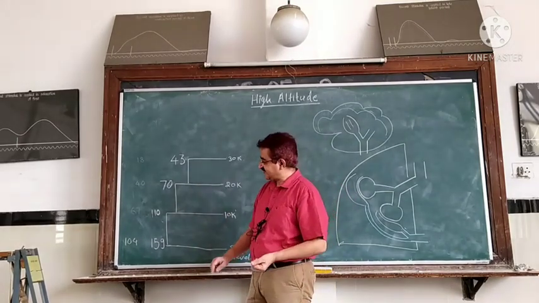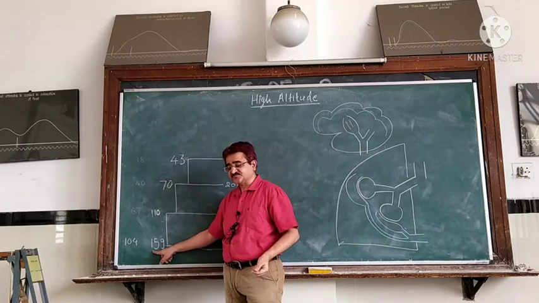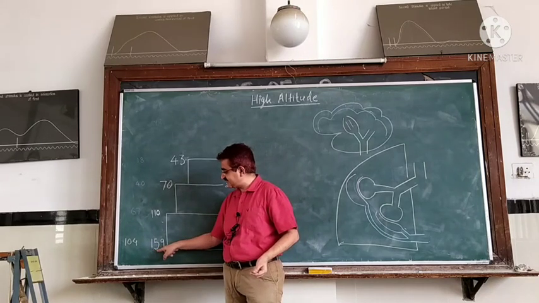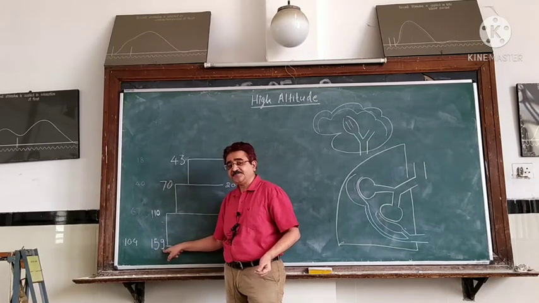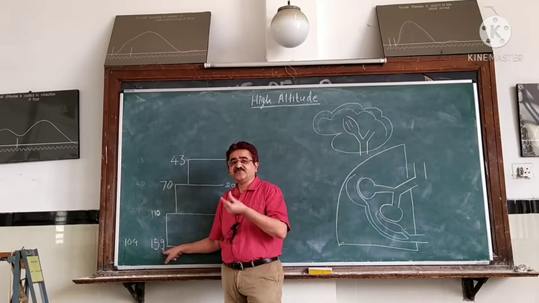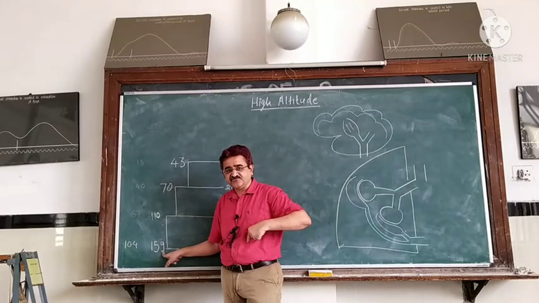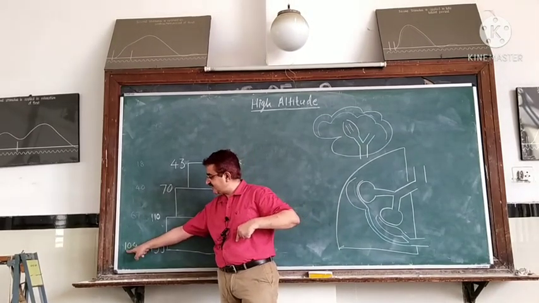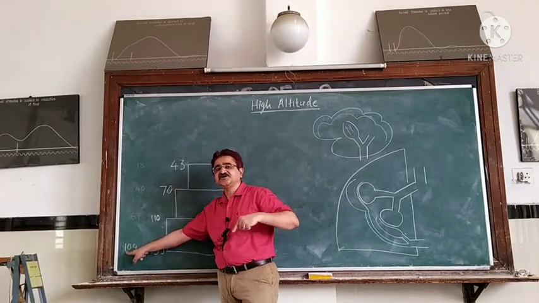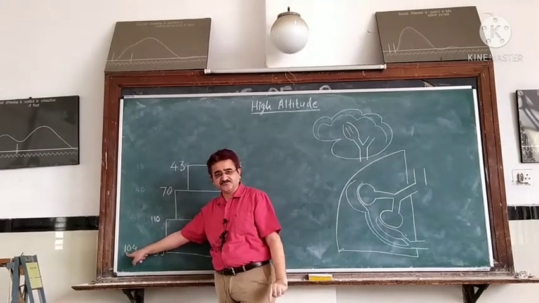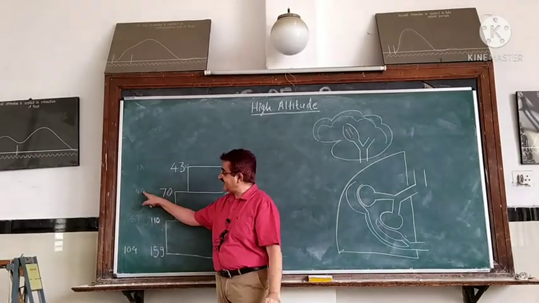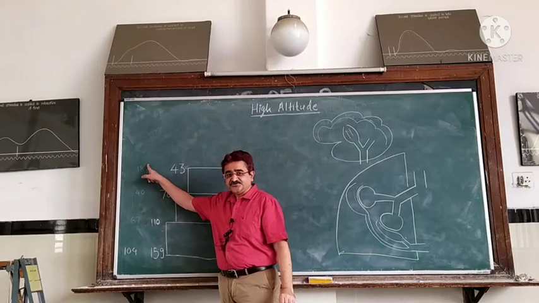Why? This is because, just recall our oxygen transport: at sea level, the partial pressure of O2 is 159 millimeter of mercury, but by the time the air reaches the alveolus, the partial pressure in the alveolus has fallen to 104 millimeter of mercury. The same thing happens at higher altitude.